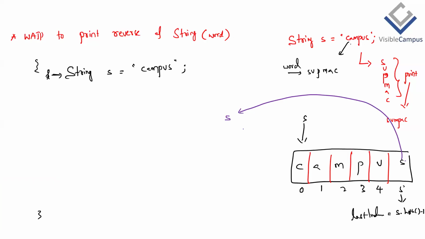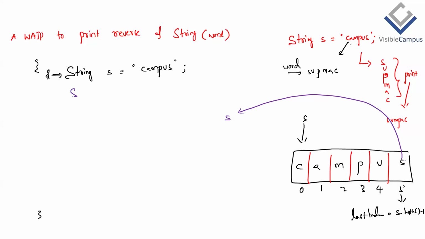Who is that someone? We don't know. Should that someone be with a value or without any value? The someone has to be empty. If someone is empty, then only it will start from s. Am I correct or not?